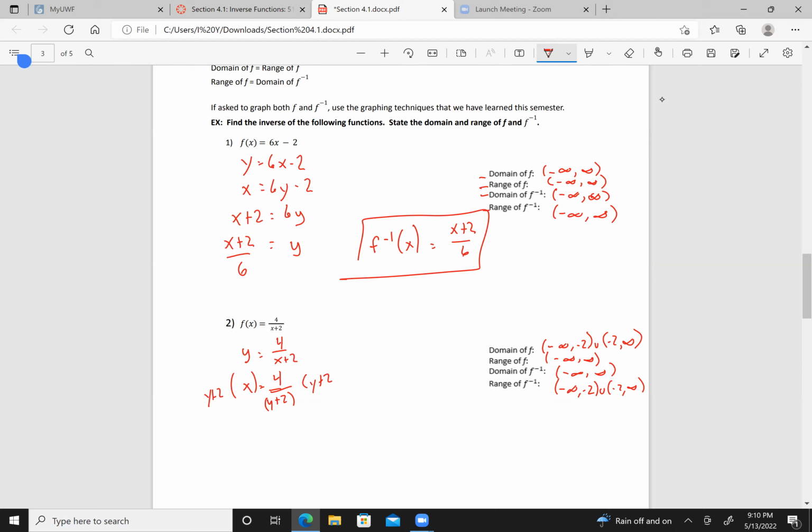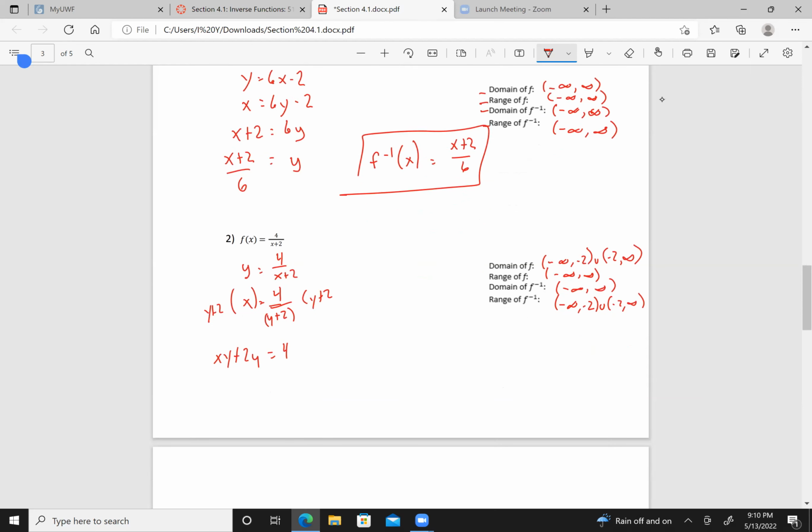Okay, so I get xy plus 2x equals 4. Now, if I factor y out here, I get y times x plus 2 equals 4. So y equals 4 divided by x plus 2. That doesn't make any sense.